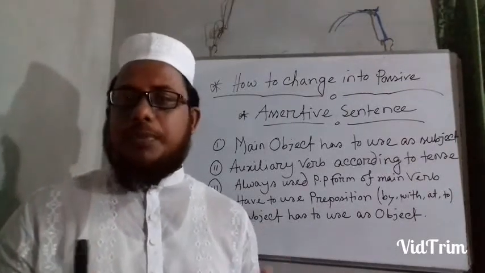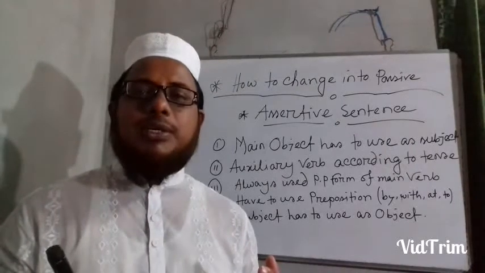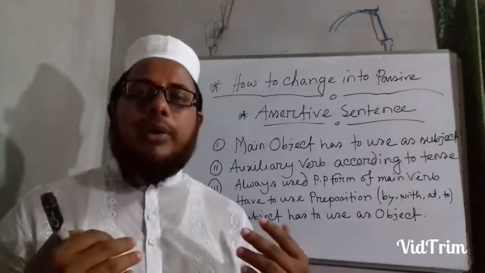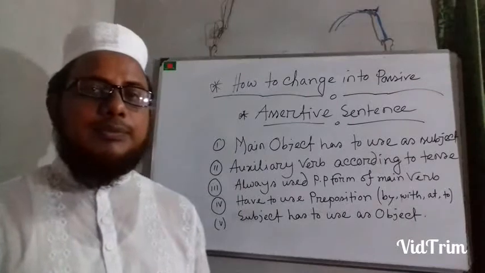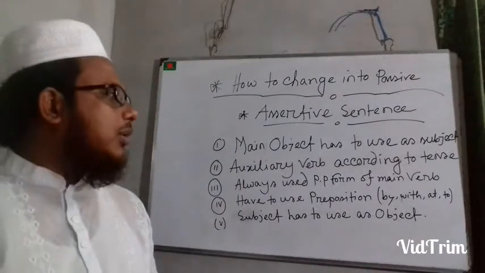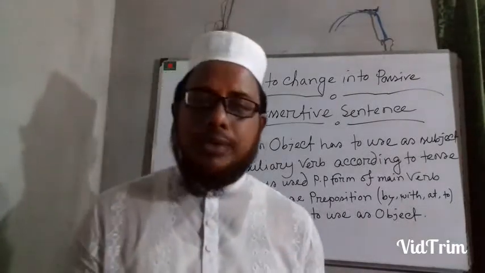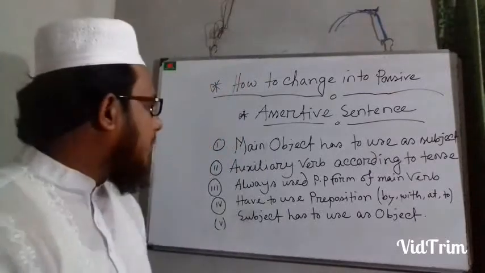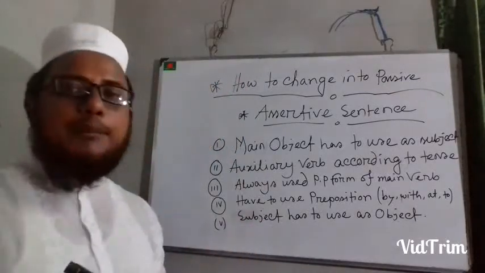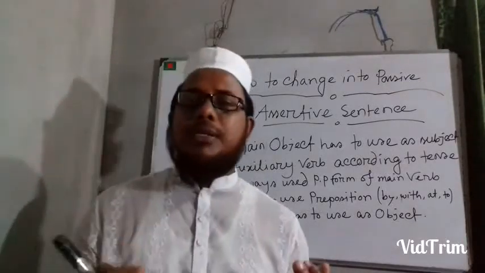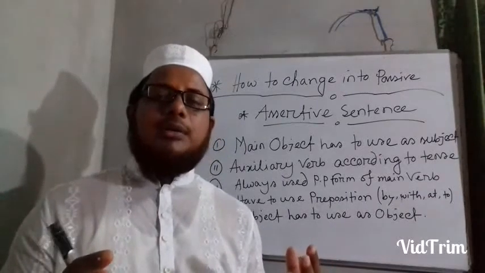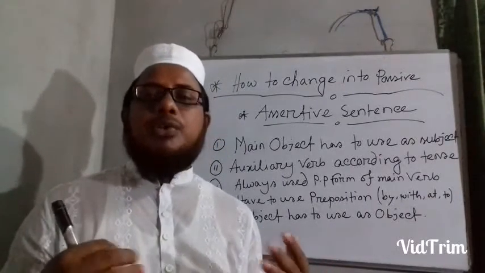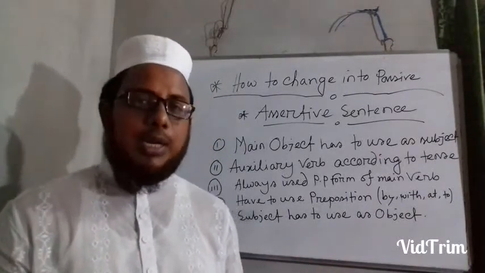Past continuous tense, was being, were being. Future continuous tense, shall be being, will be being. Present perfect tense, have been, has been. Past perfect tense, had been. Future perfect tense, shall have been, will have been.